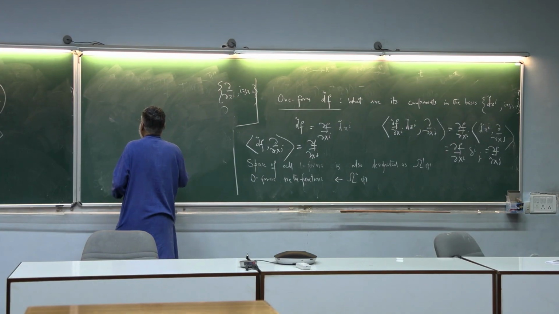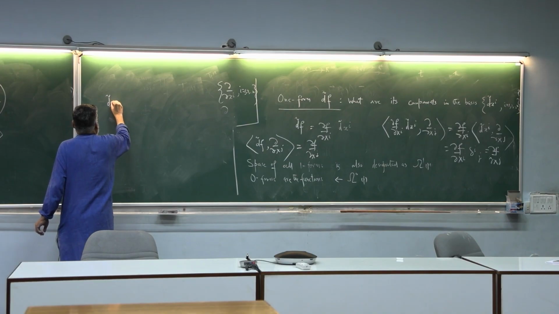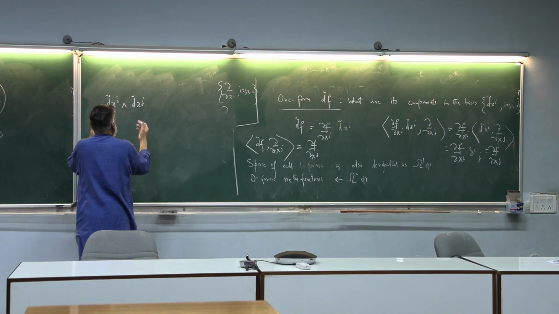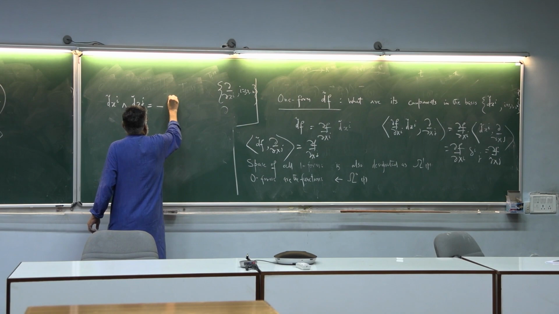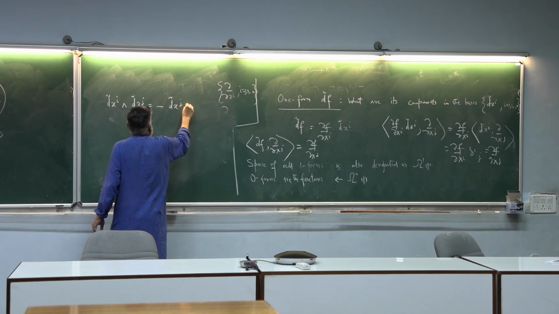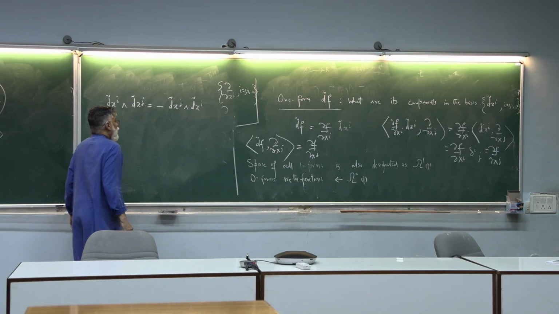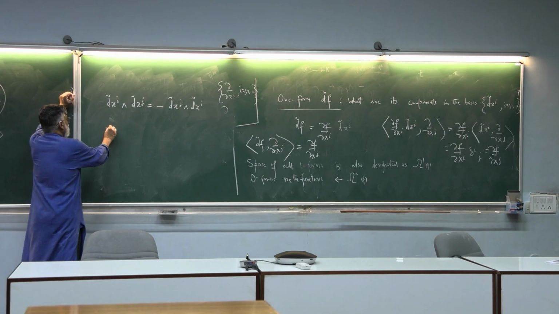So the wedge product of two basis one forms, take dxi and dxj, by definition is an object which is antisymmetric. This is the same as minus dxj wedge dxi. In other words, this is an antisymmetrized tensor product.